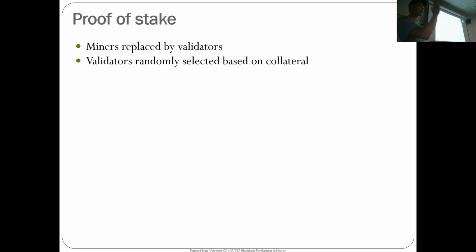I'm going to put up some collateral, I'm going to propose a block to be inserted, and if everyone agrees that that's a valid block to insert, I'll get my collateral back. But if I propose a block to be inserted, and people are like, hey, that's got something going on, and they don't accept that block, then the collateral is taken away. So this is more of an incentive-based mechanism for ensuring proper behavior.